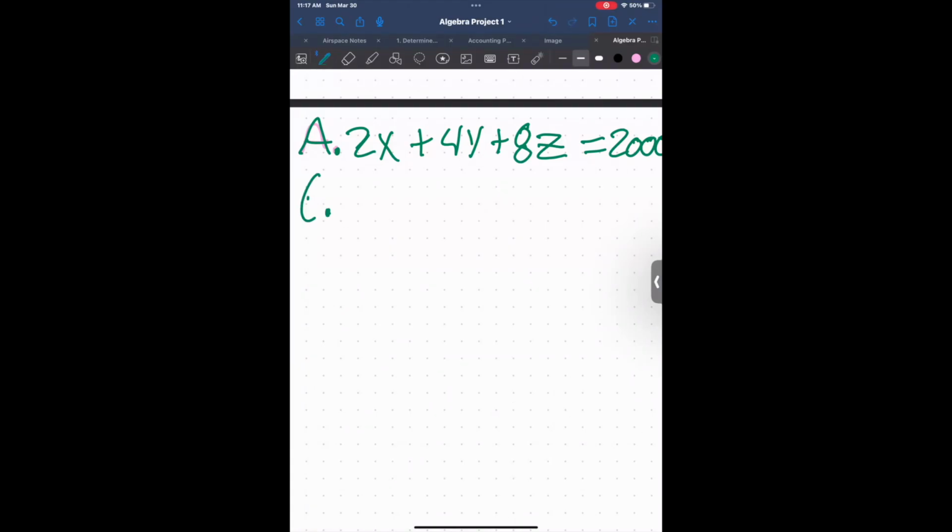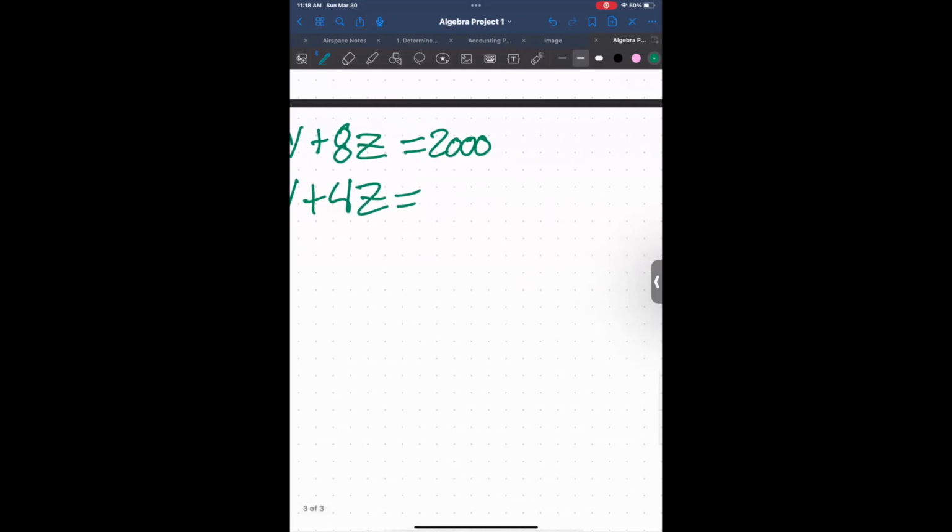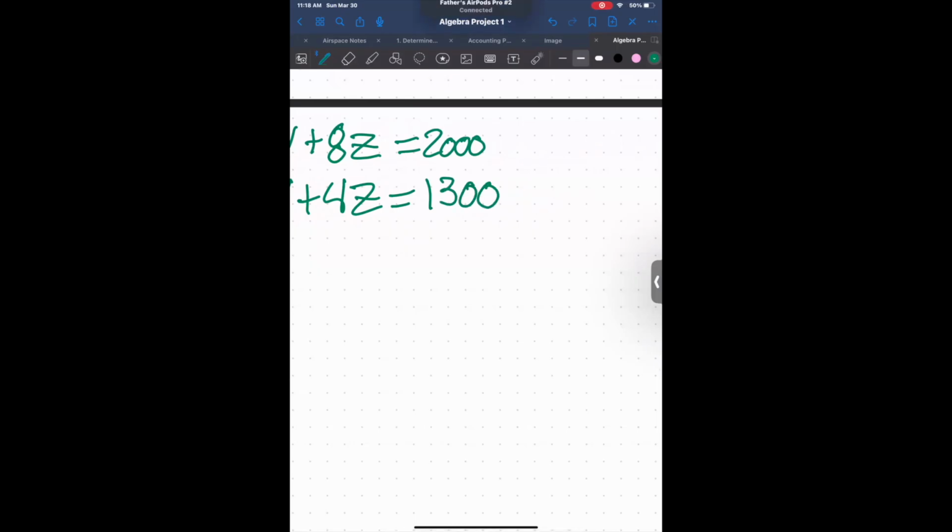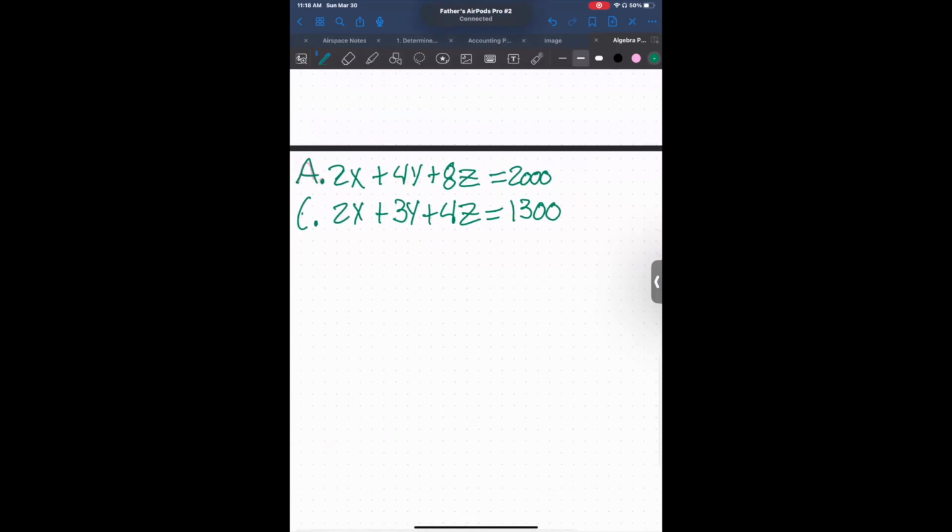C is quite similar, as you can see. Our goal is to eliminate one of the variables. Plus 3y plus 4z equals 1,300. Now we've got our sections.